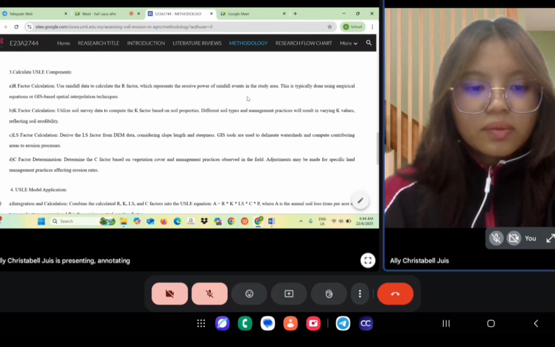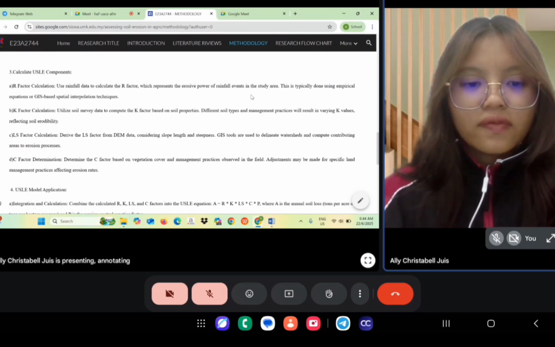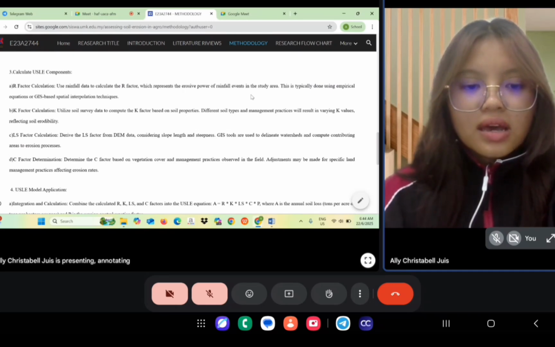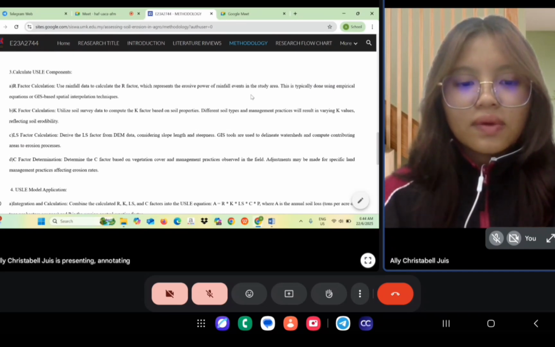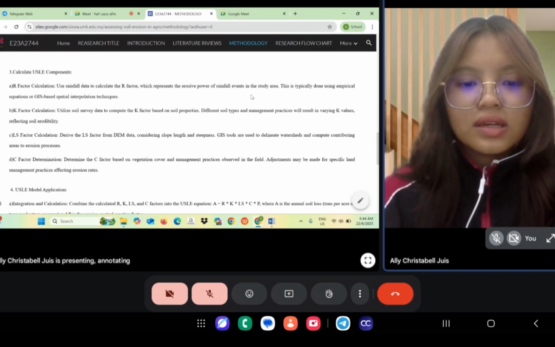Third, USLE components. Calculation: R factor based on rainfall intensity and frequency, K factor based on soil type and properties, LS factor from DEM using GIS slope tools, C factor based on vegetation cover, P factor based on erosion control practice, for example terracing.